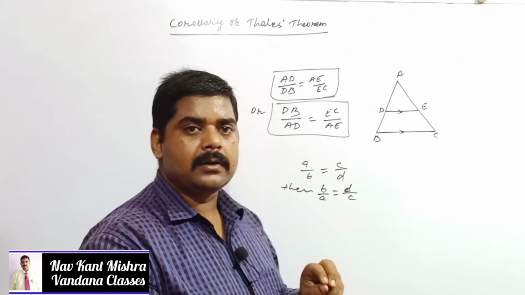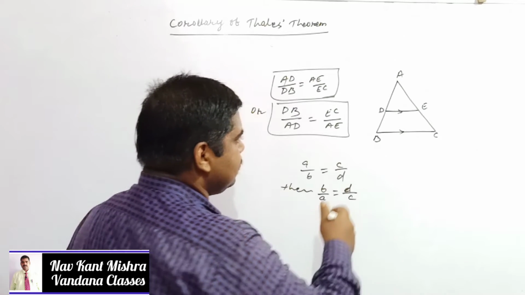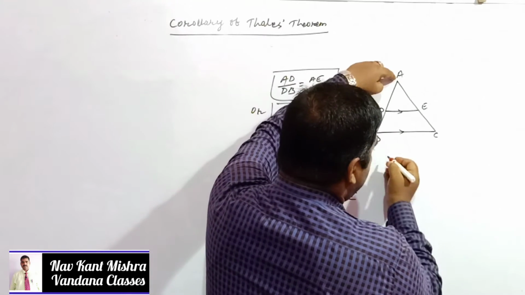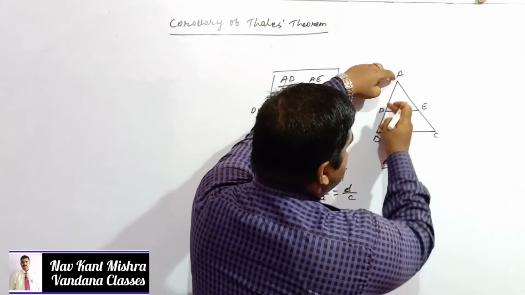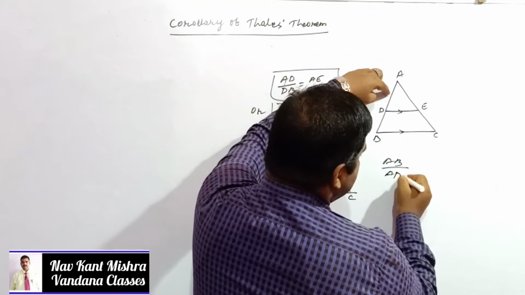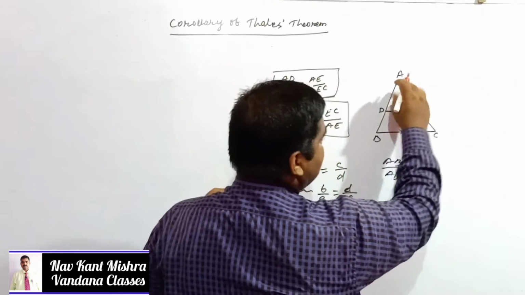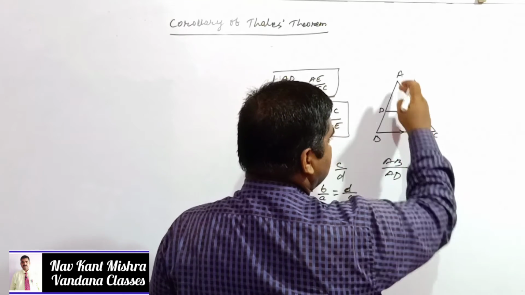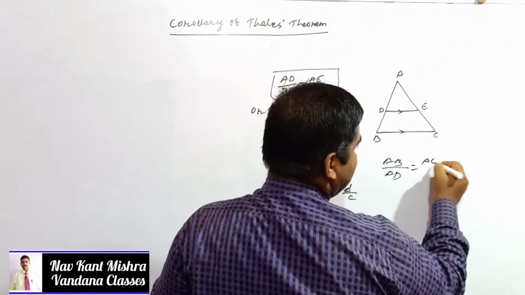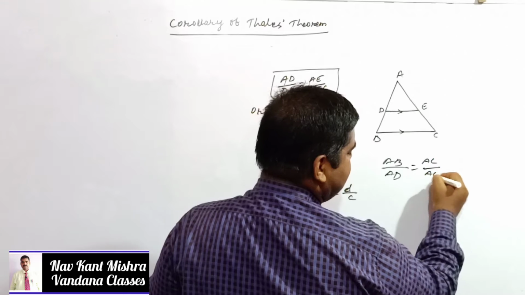What is its corollary? The corollary is that if you take the ratio of AB upon any one of its parts, that is AD, I have just taken the upper parts, it is equal to the whole side AC upon AE.